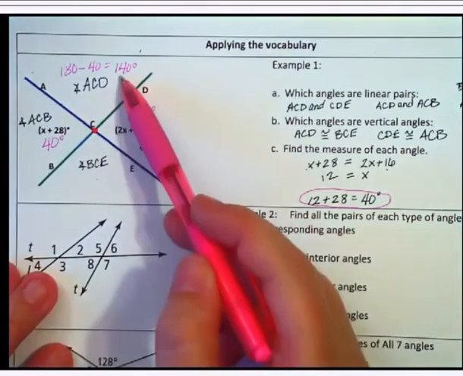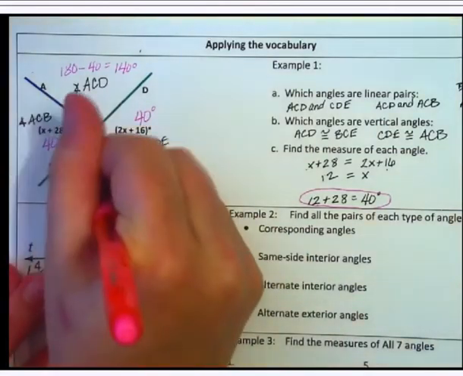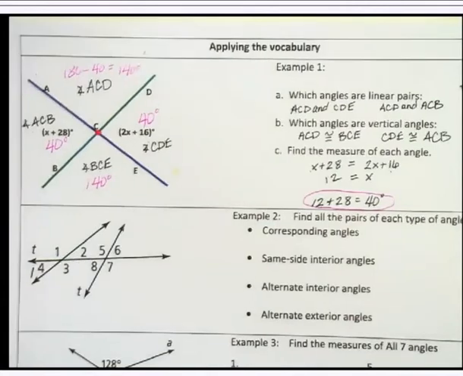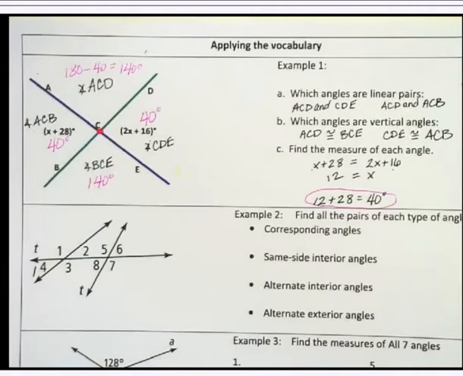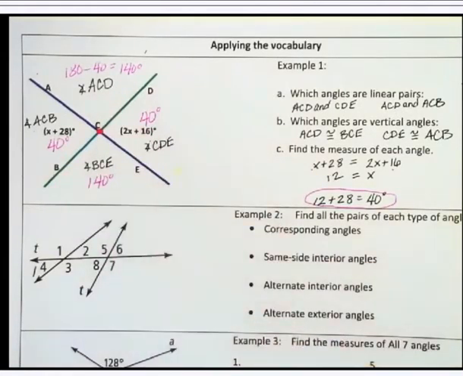And so this is a vertical angle here, so this is also 140 degrees. Okay, and so these are all my angle measures. And if you add them up, because this is a full-on circle, this should equal 360 degrees.